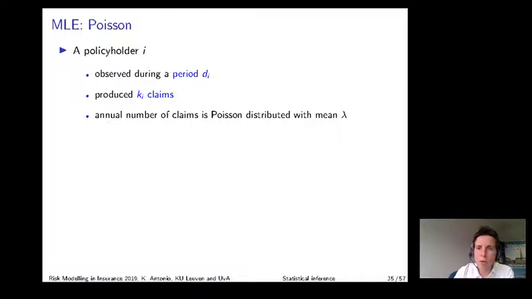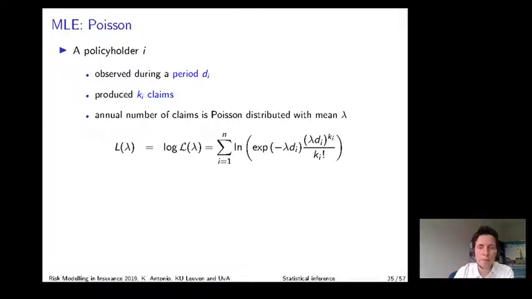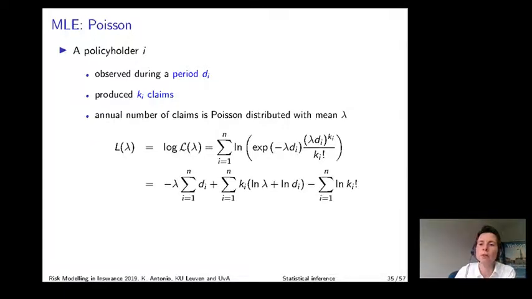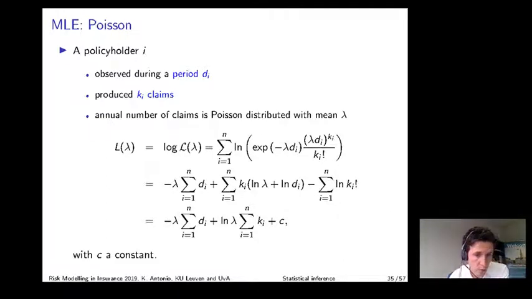So you're going to write down the log likelihood as a function of lambda. And here too you replace the probability function of the Poisson with parameter lambda times the exposure of the policyholder with the expression as discussed earlier in the course. You rearrange this expression and you're going to ignore all terms that do not depend on lambda, since what you want to do is optimize this function with respect to the unknown parameter lambda.